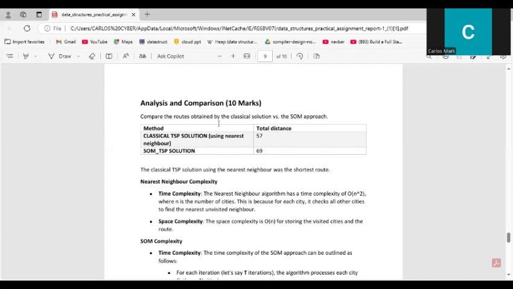Then for the self-organizing map, this is an unsupervised learning technique where it looks at the map that has been given to us, the 7-city graph. It uses each state on the map as a neuron and the distance to the next state as the weights.